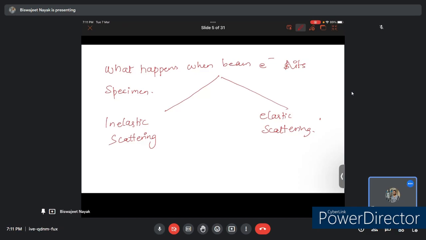Or those electrons can be decelerated, and that produces the continuum X-rays, which we also call Bremsstrahlung X-rays or braking radiation.